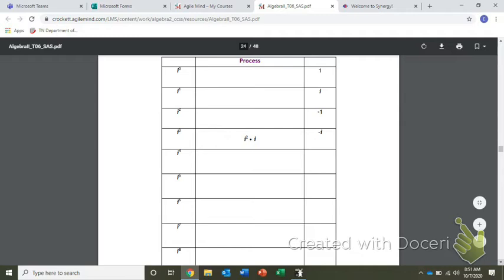Okay? So, under the process box where it has i to the 0, I want you to write anything to the 0 power equals 1. Anything. If I raised my dog to the 0 power, he would be 1. Literally. Okay?